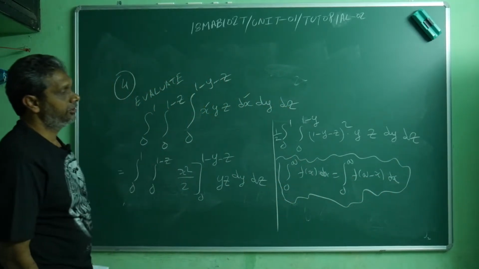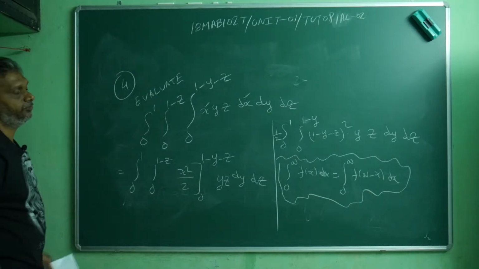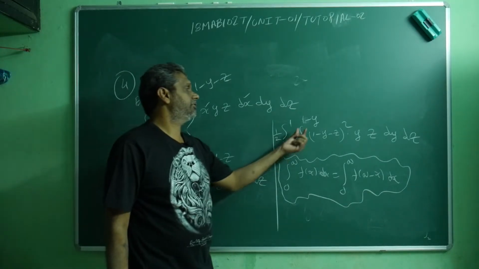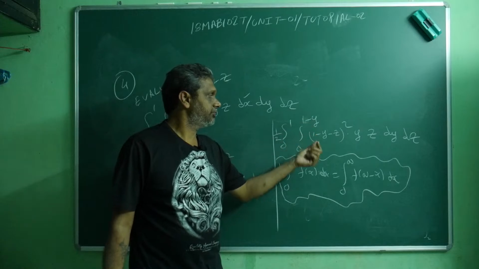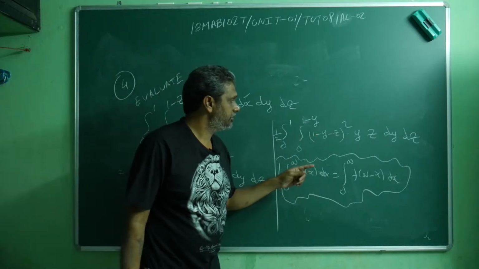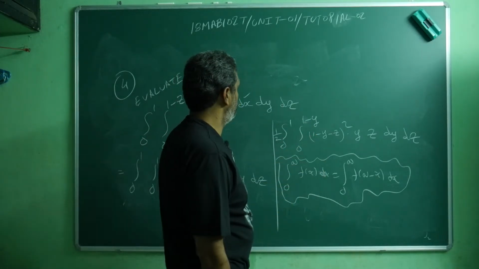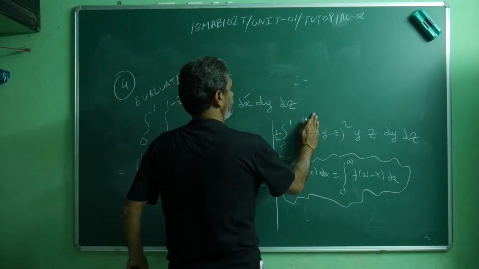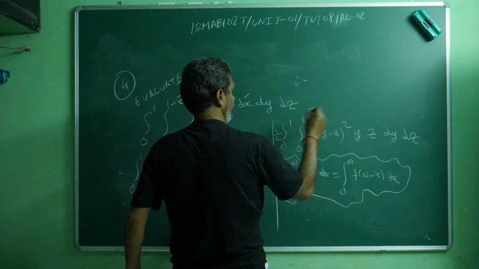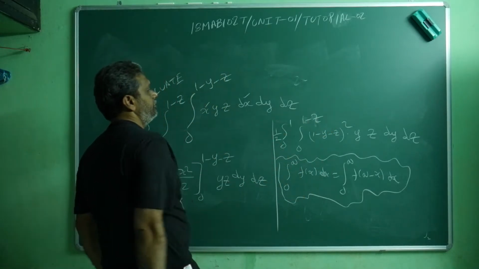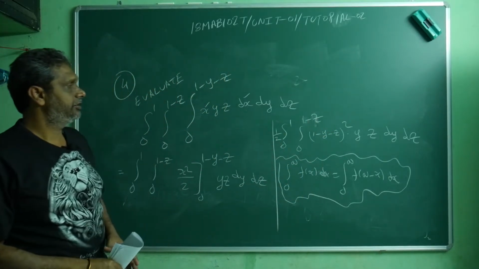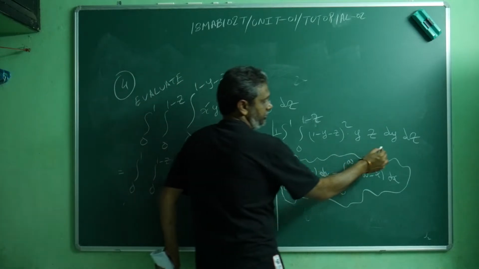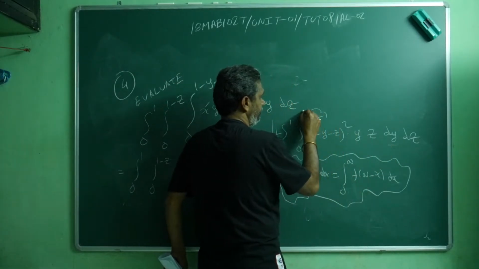Alright, so using this property, my a is what? 1 minus y I will take actually. 0 to a means what? With respect to y I want to do, this is 1 minus z, sorry. Y is the variable, 1 minus z. Now with respect to y I am doing, this I will treat as a.